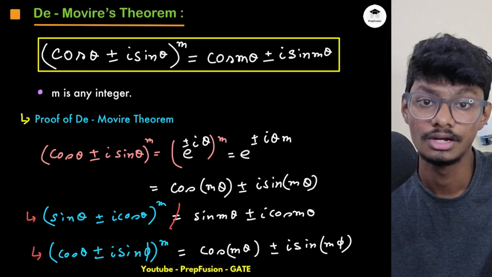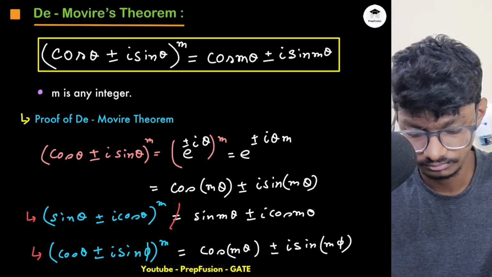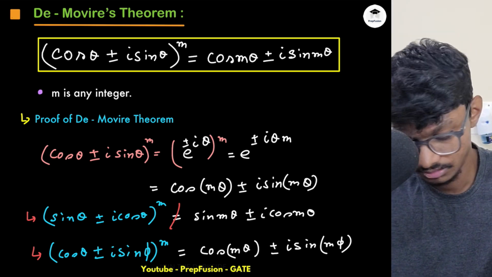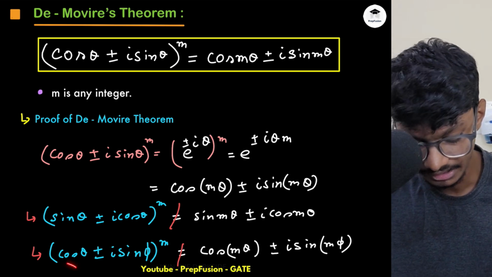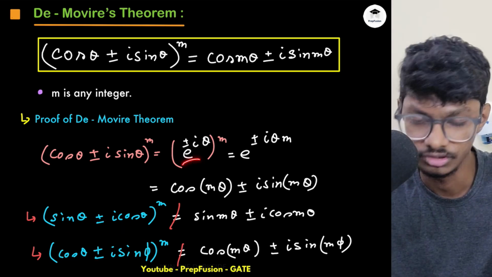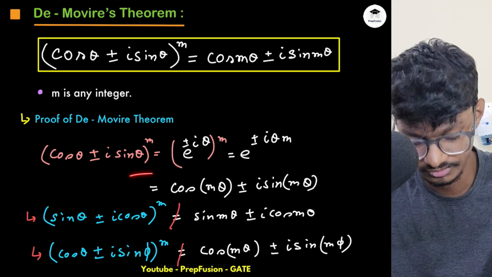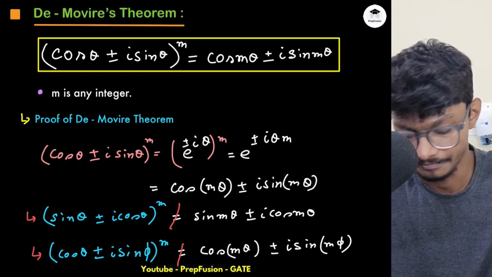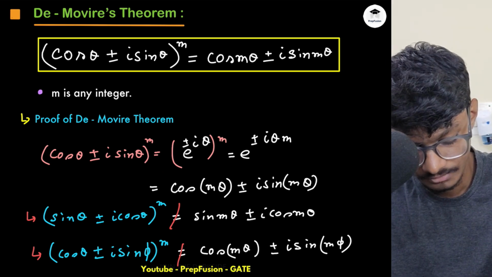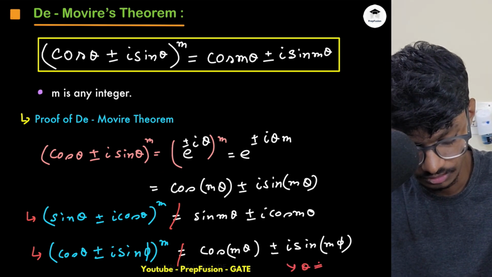No, I cannot write this. Why? Because I can't convert it into Euler's format. This was the proof, and if I'm not able to perform the proof, obviously this relation won't follow. So obviously I will write here theta is not equal to phi.